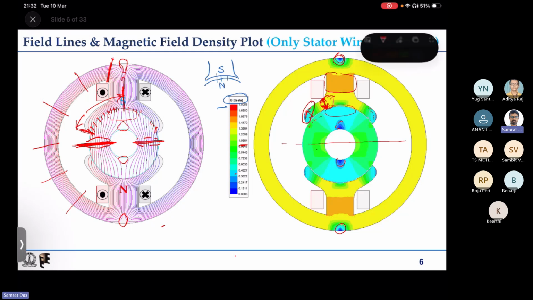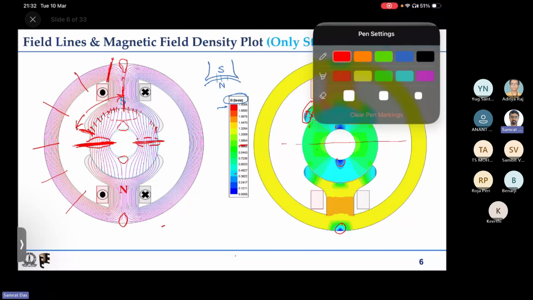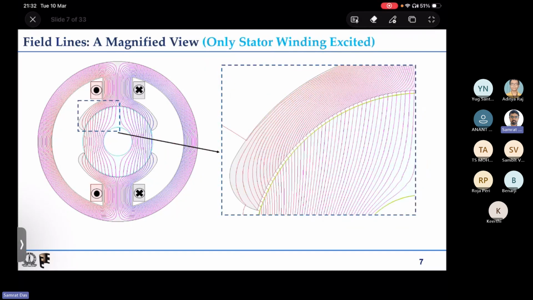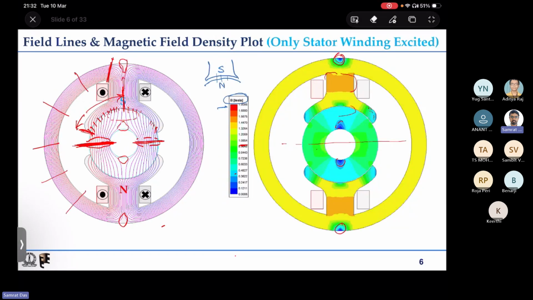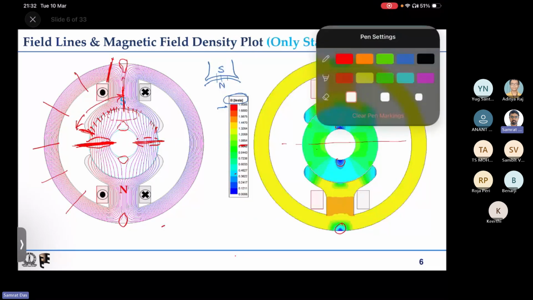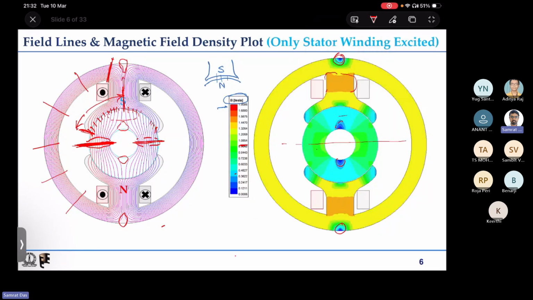If you see the pole shoes of DC machines, they will not be of this shape. Whatever is the width here, you will slowly reduce it, and this will probably be a more realistic pole shoe for a DC machine, because this area that we are leaving is not utilized well.